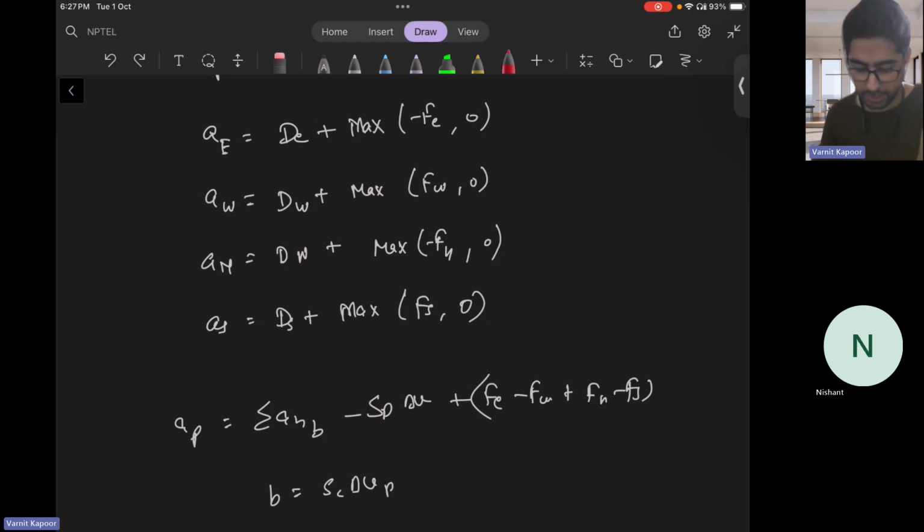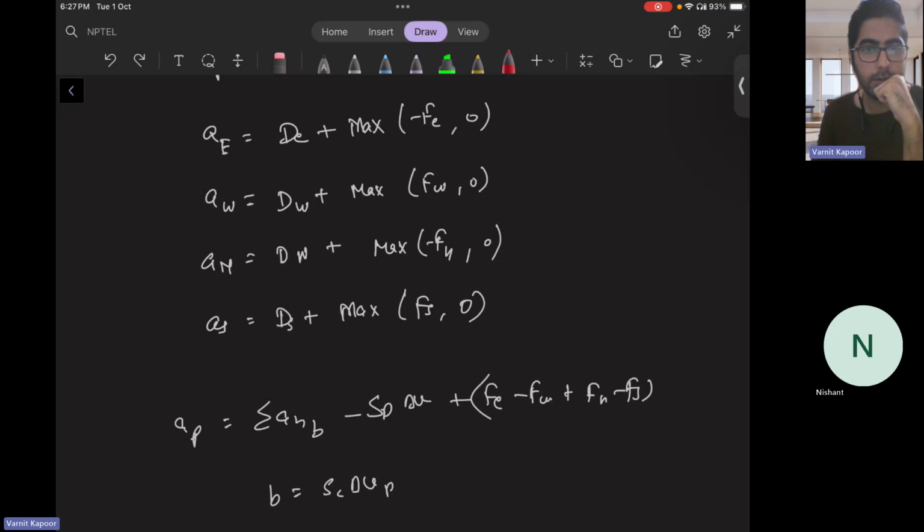The same holds for the west, north and south cases. If you have any doubts, please ask. And this is how you can write the aP terms, b terms, and all the individual neighboring terms.